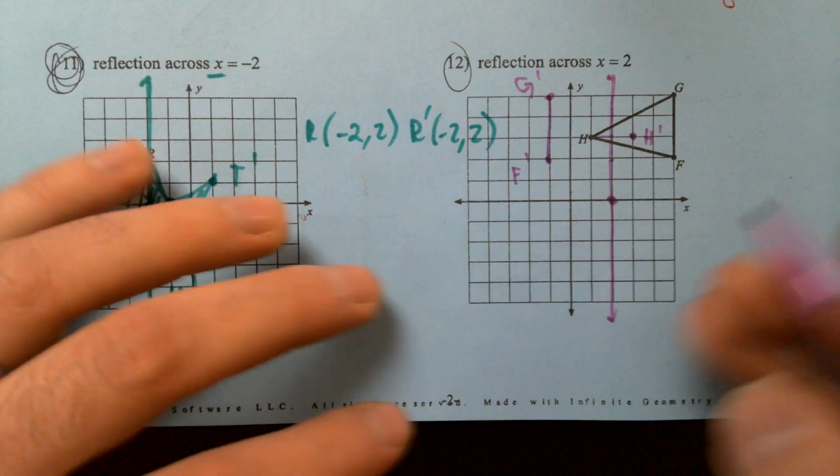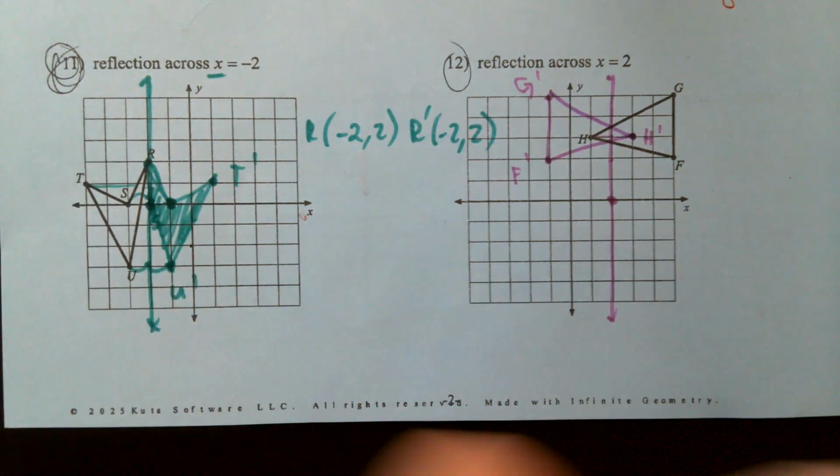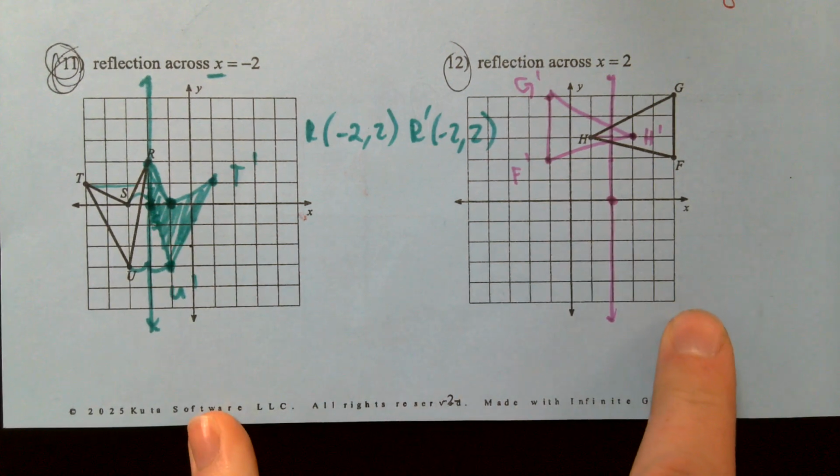F prime. So what we see here is a little bit of an overlap, because some of my points are on one side of the line of reflection, some of my points are on the other side. Doesn't mean we can't do it, it just means that my pre-image and my image are going to overlap. All right? Any other questions on here?